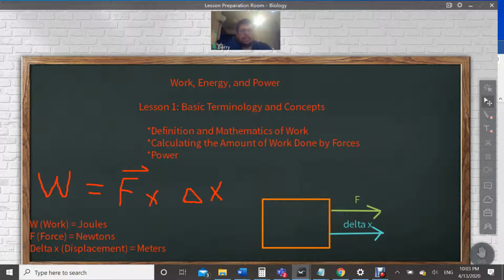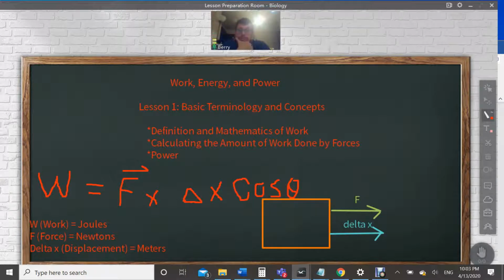How did we do that in vectors? What you should remember is that we use trigonometric identities to explain that. So we had the force times the displacement. If we were to include a term, cosine of theta, that would account for the direction.